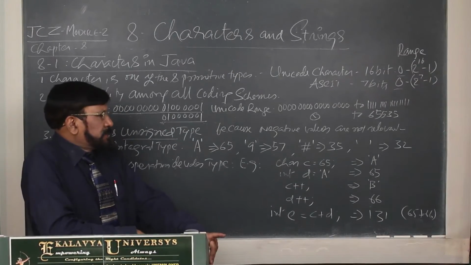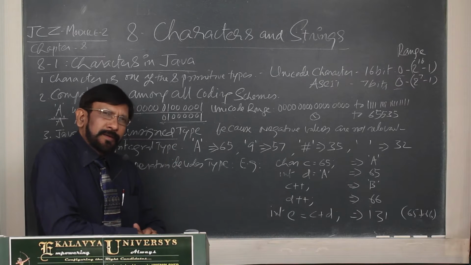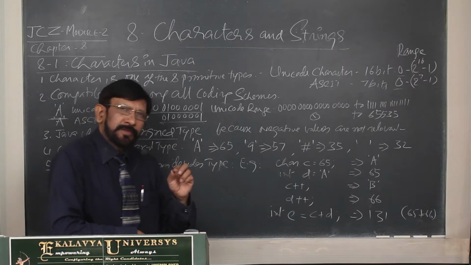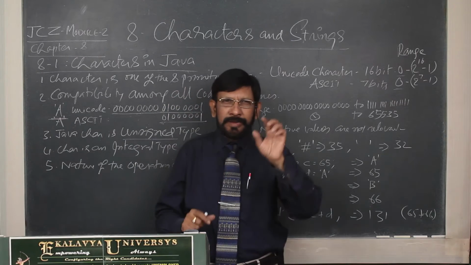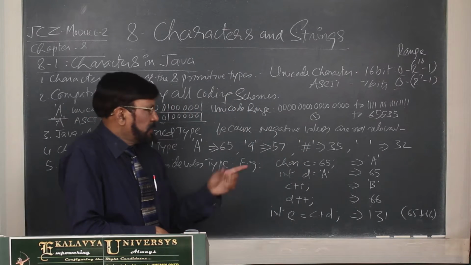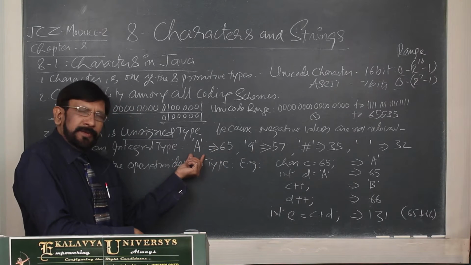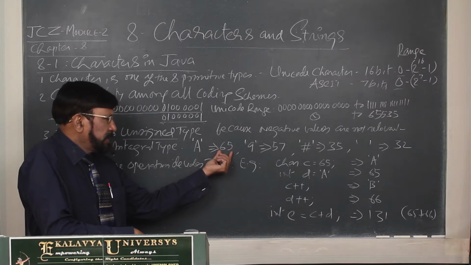In this context, you may get a doubt. How will the Java compiler recognize whether it has to act upon either character or integer? Are you able to understand? Already I told you, every visible character in Java represents an integer value.